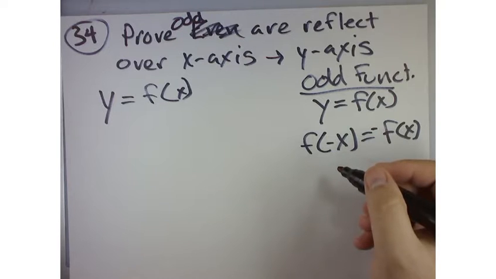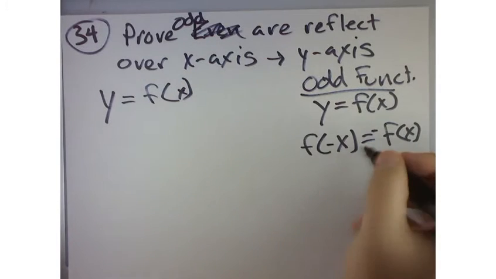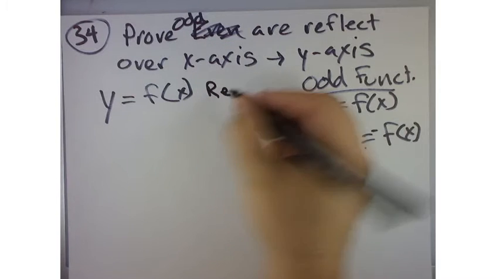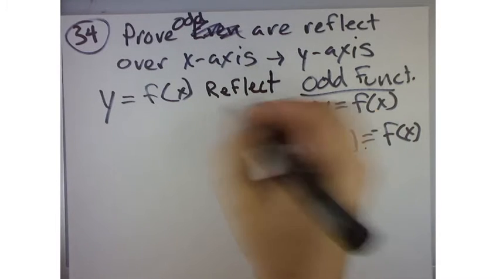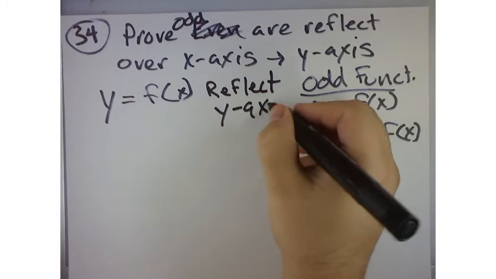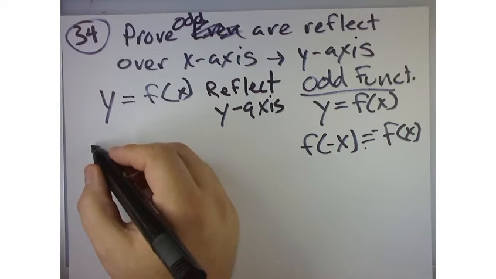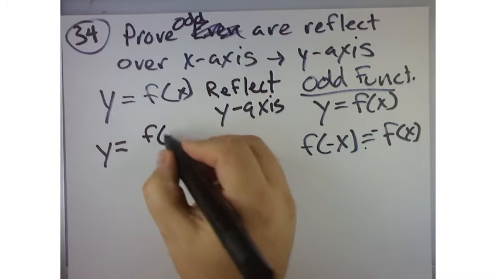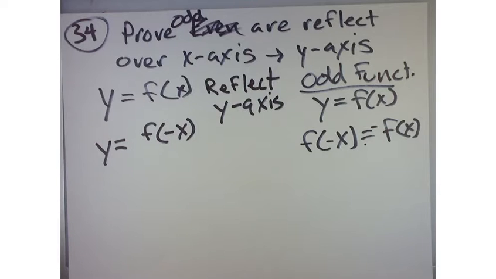So if I start with y equals f of x and I reflect it over the y-axis, according to our textbook, the reflection over the y-axis then becomes y equals f of negative x.